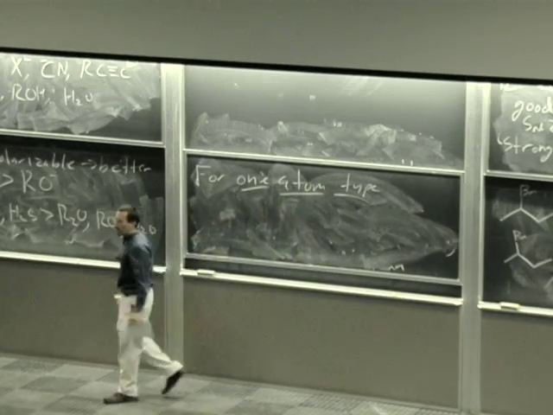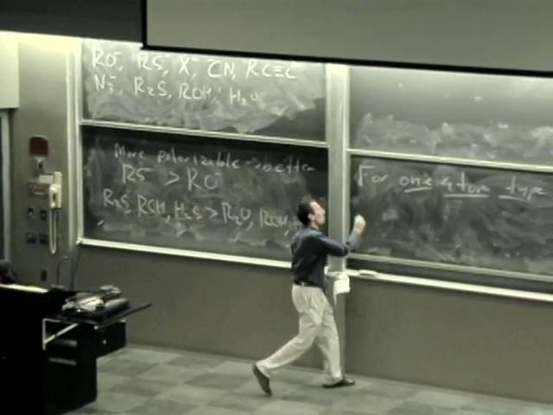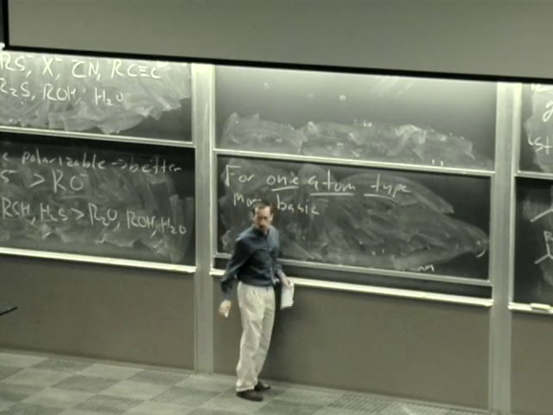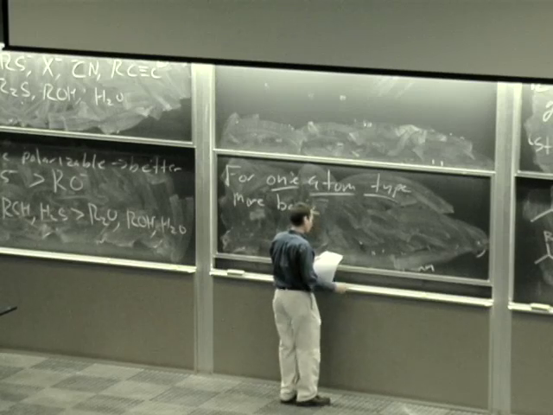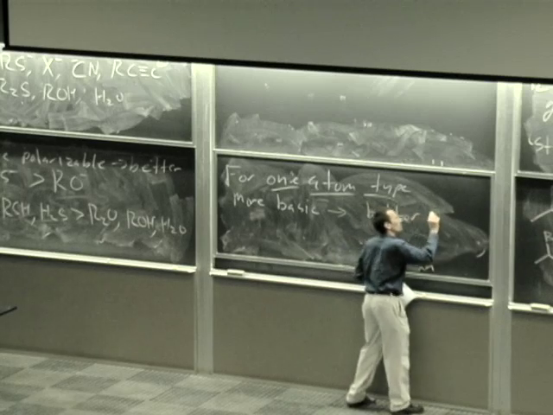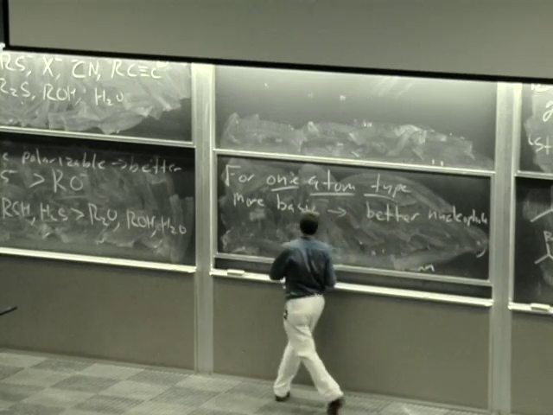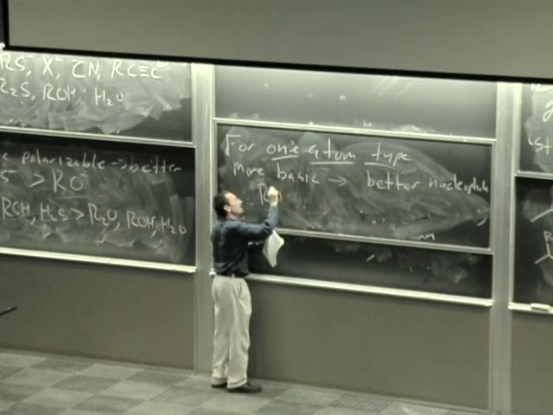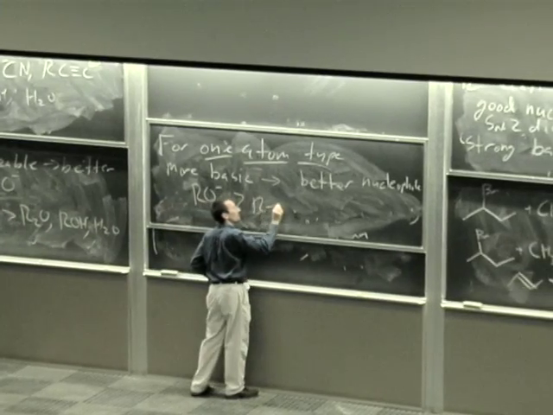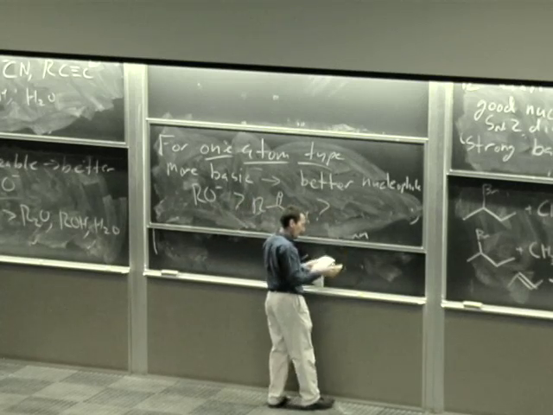In other words, if we're comparing just oxygen or just sulfur or just nitrogen, more basic generally leads to a better nucleophile. In other words, alkoxide is more basic than carboxylate, is more basic than alcohol.